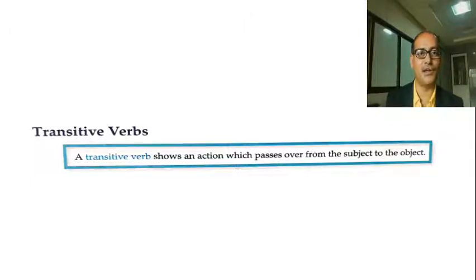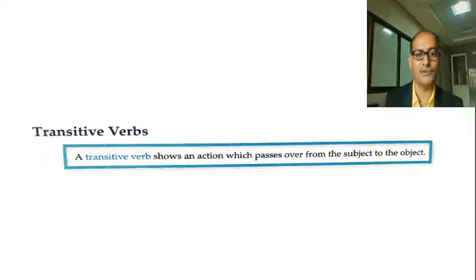For example, I write a letter. So this verb write passes the action from subject to object, letter. Action of writing is done on the letter. The subject is affecting something and it is shown by that verb.